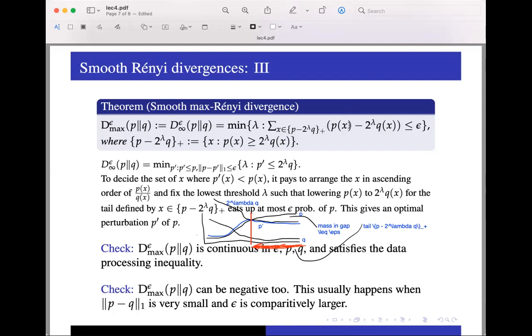Now I evaluate this objective function over all symbols x that lie in this positive part, and suppose it's less than or equal to epsilon.